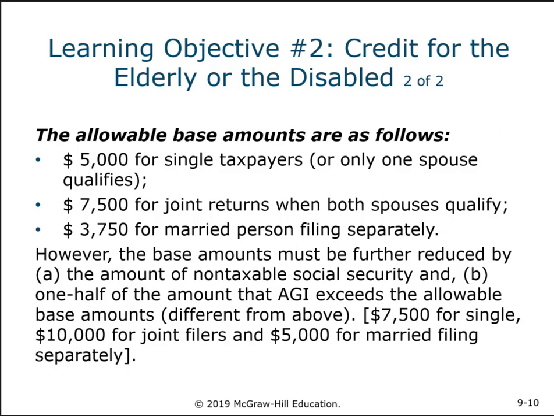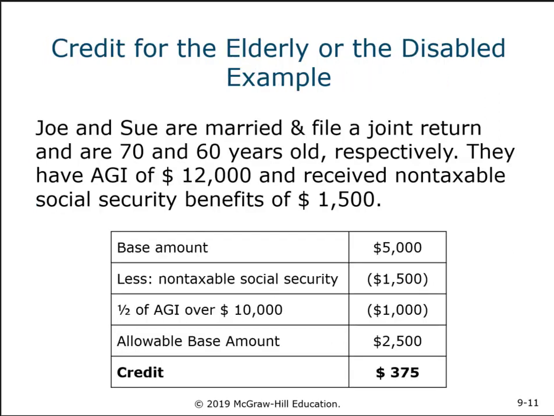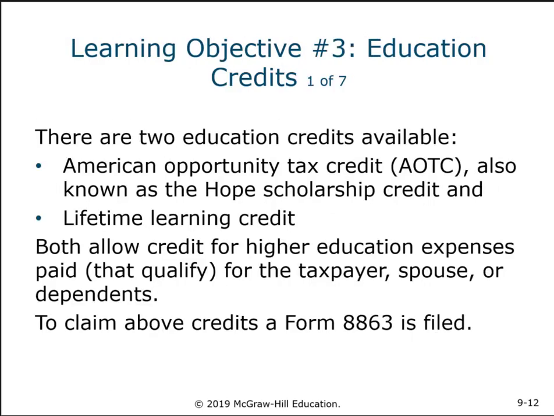So this doesn't happen very often, but here's an example. If their AGI is only 12,000, and filing jointly, 5,000, okay? Minus their non-taxable Social Security, we get half of the AGI over 10. So your credit would be $375.